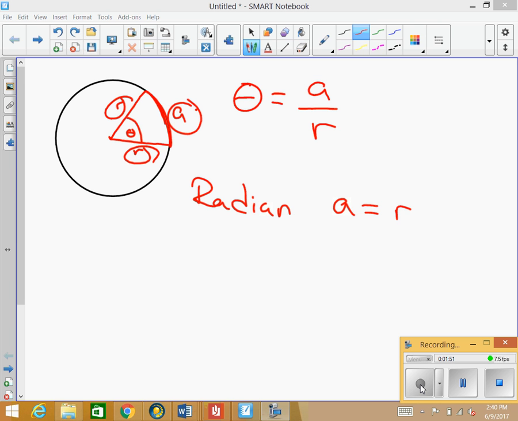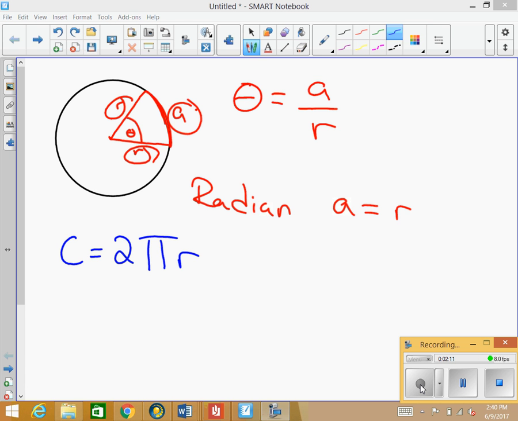And this all kind of stems back to our definition of, say, the circumference of a circle. If we look at the circumference of a circle, no matter what, circumference is always going to be equal to 2 pi times the radius.